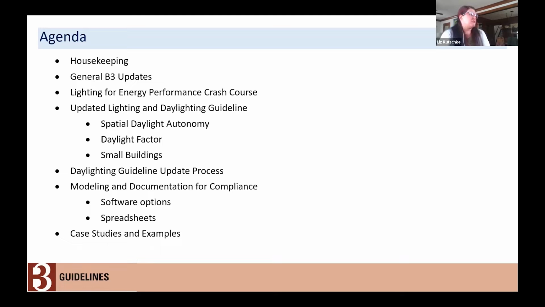I'll talk through a bit of the process we went through in this update, and then I will demonstrate how to document compliance using our B3 lighting worksheets and talk about some of the software available to complete the simulations we are asking for. And then I'll conclude with a case study from a recent B3 project, the Fergus Falls Public Library, which some of you may have seen before.